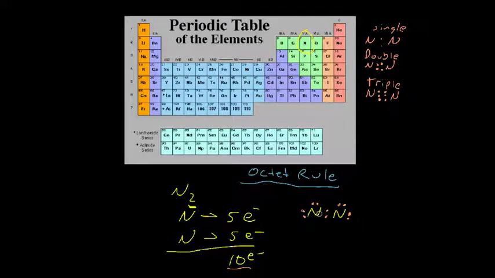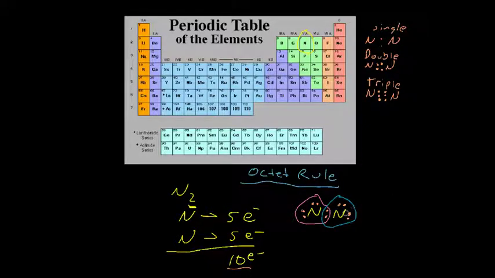So we've got 2, 4, 6. This nitrogen is sharing these 6 electrons. And then I'll even do it in a different color here, maybe a blue. This nitrogen has 2, 4, 6. It's sharing those 6 electrons. So it's not 8. It's not abiding by our octet rule.